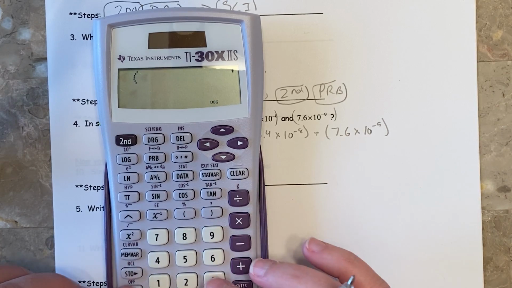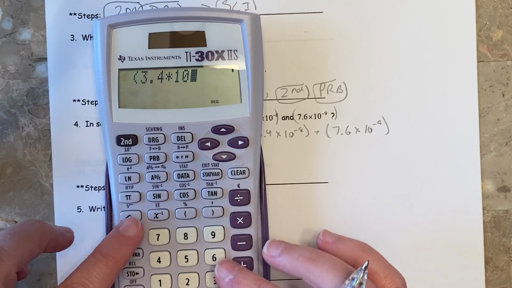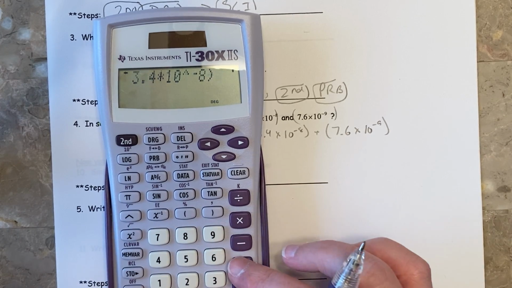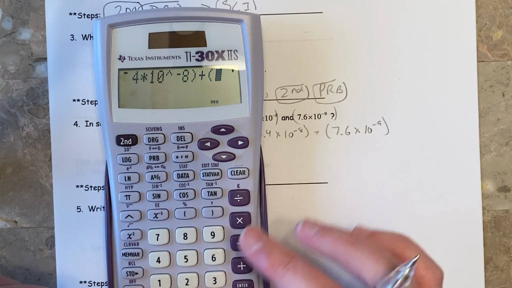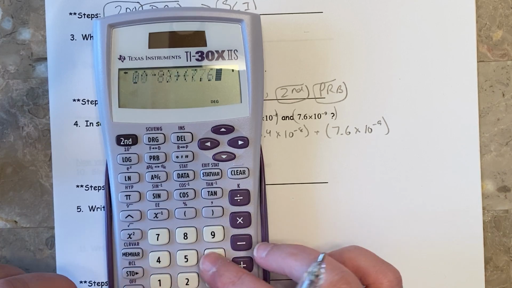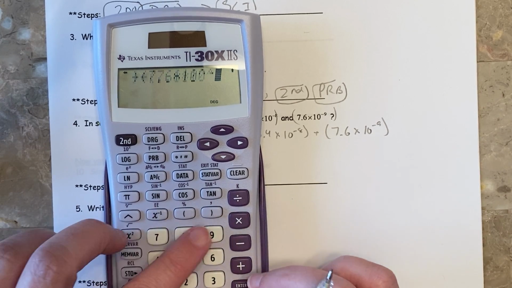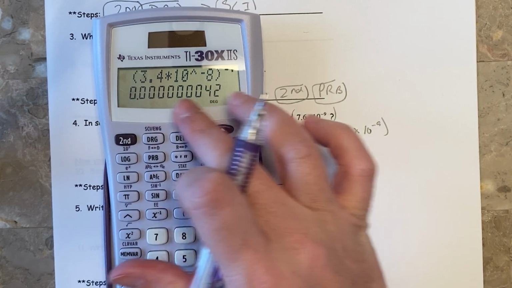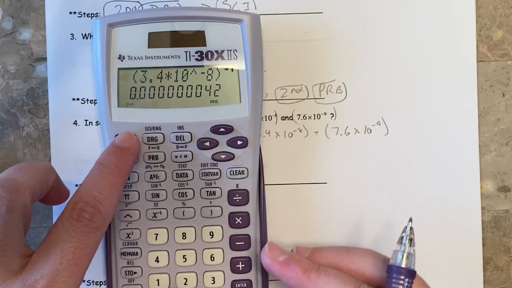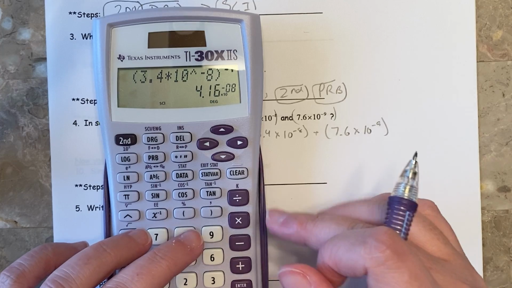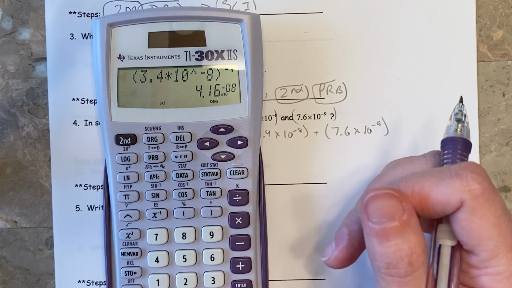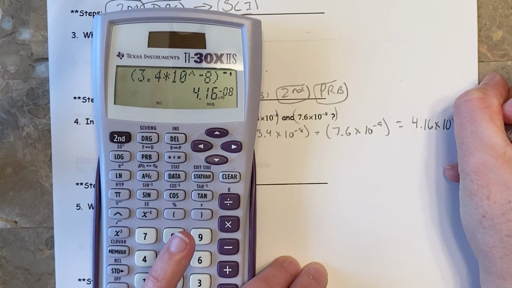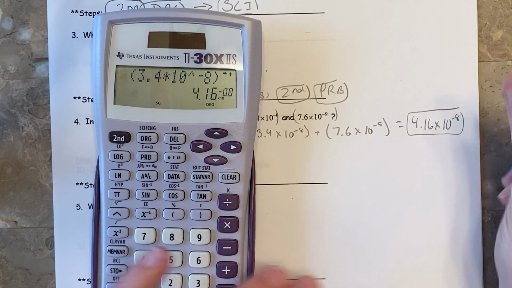And then we're going to do 3.4 times 10 to the negative 8, close parentheses, plus, because it says sum, open parentheses, 7.6 times 10 to the negative 9th power. Okay, now again, it's not in scientific notation, so you're going to press that second DRG, and you'll move over, and you get 4.16 times 10 to the negative 8.